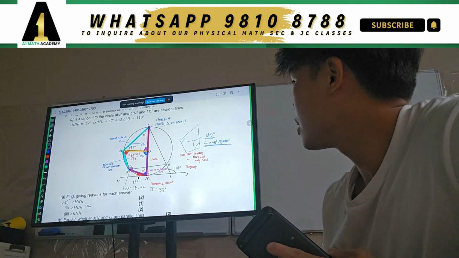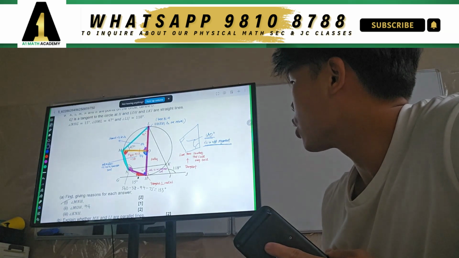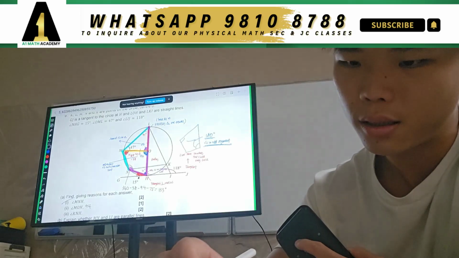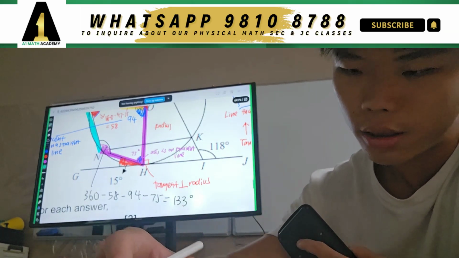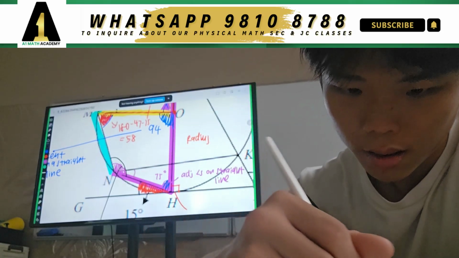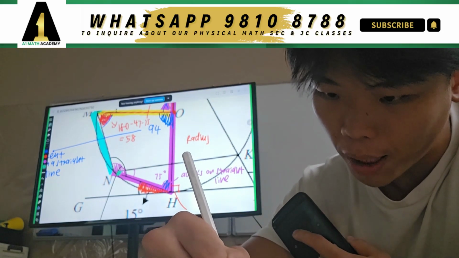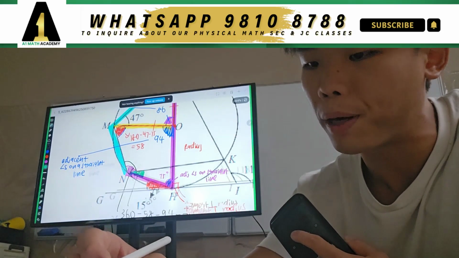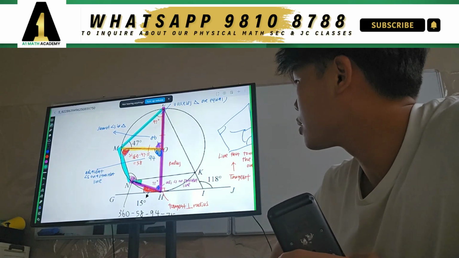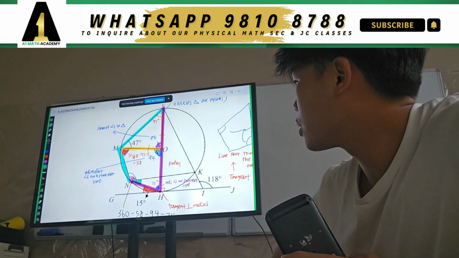Then KNH, we haven't found KNH yet. KNH is not done yet. So how to find KNH? KNH is here, this green part. How to find this green part over here? 180 minus 90 minus 75.